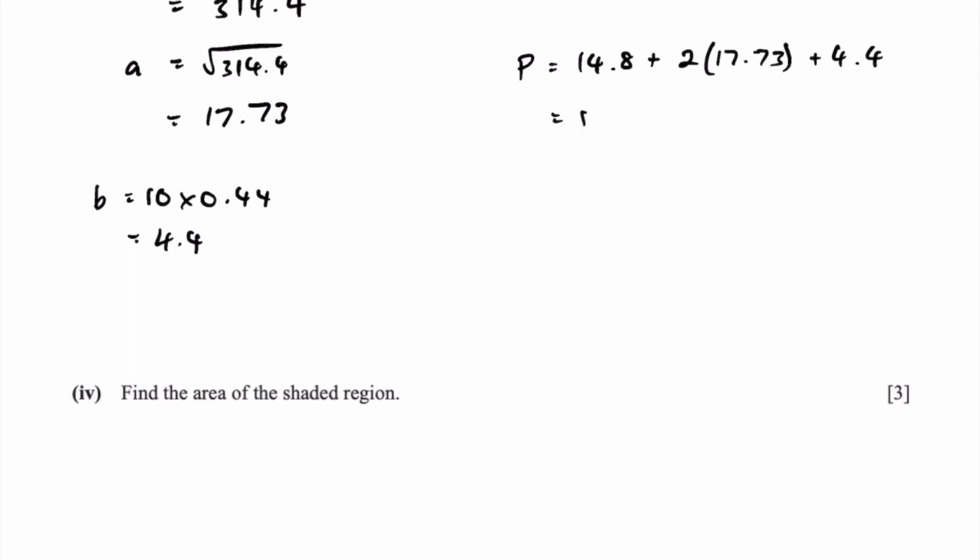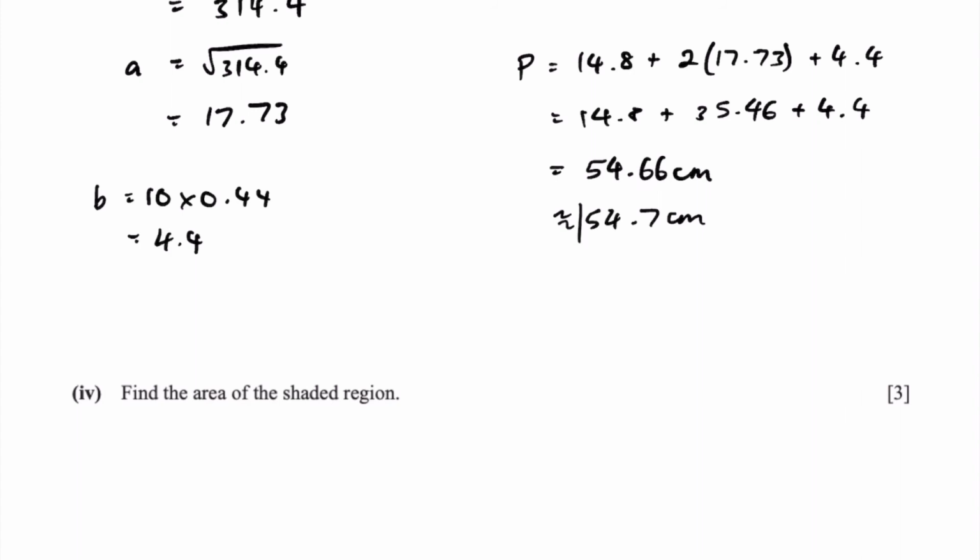That's 14.8 plus 17.73 times 2, which is 35.46, plus 4.4. And all of that added up is equal to 54.66 centimeters, or 54.7 cm, whichever way you want to round it.